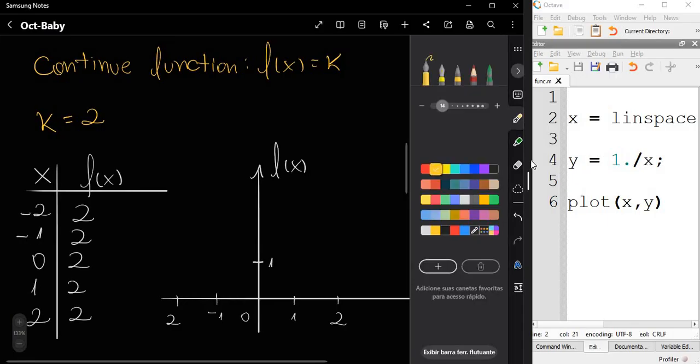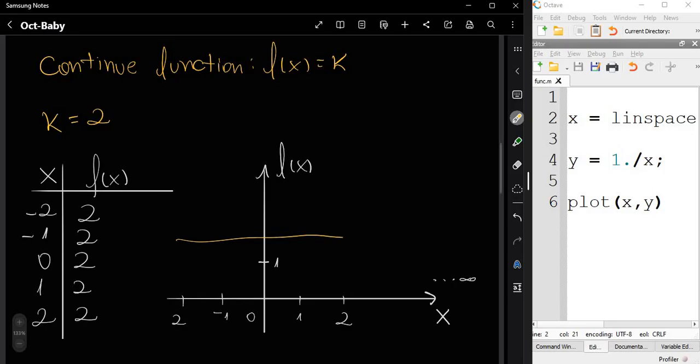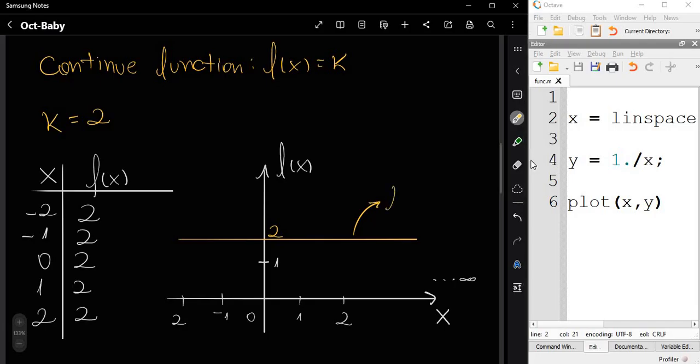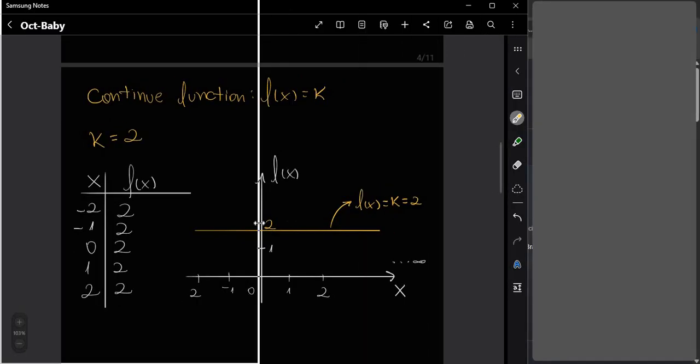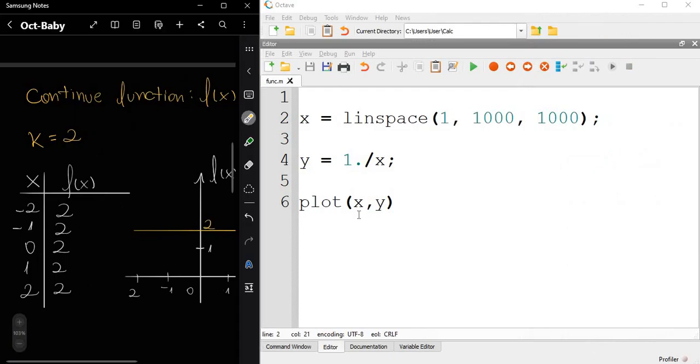And the function will always be equal to 2. And now let's build an algorithm for this function right here in the Octave environment.